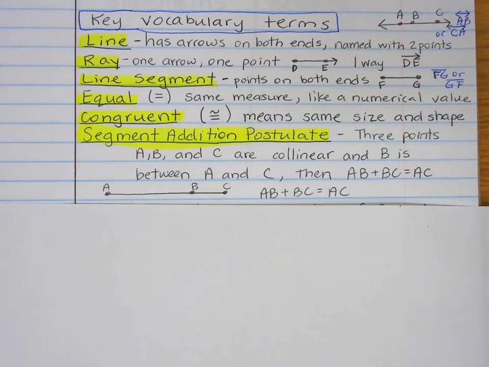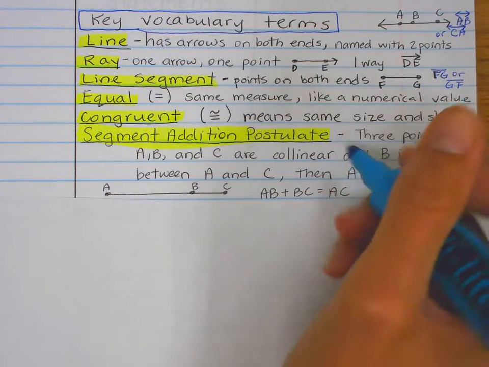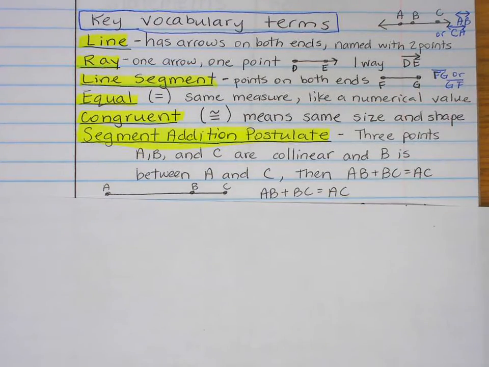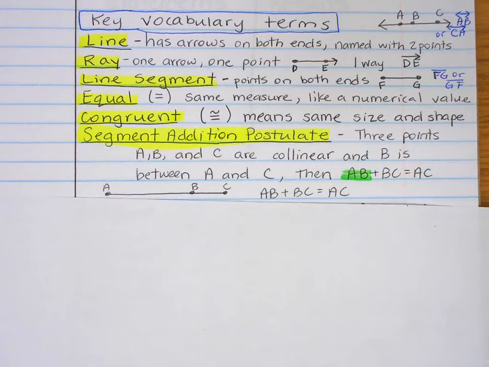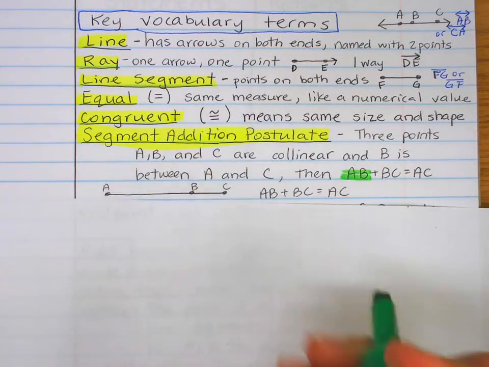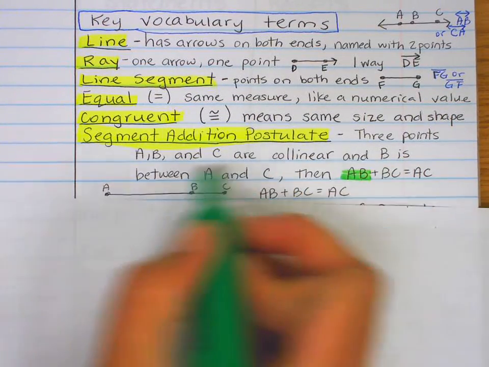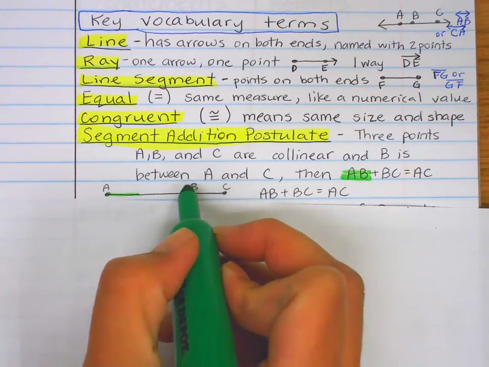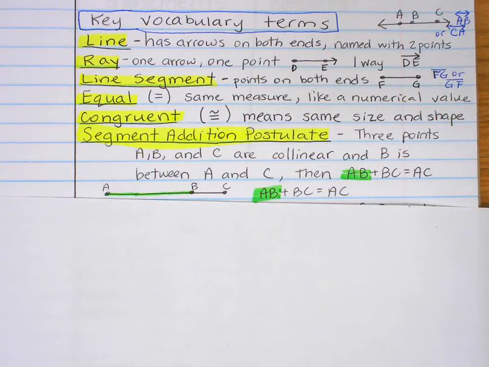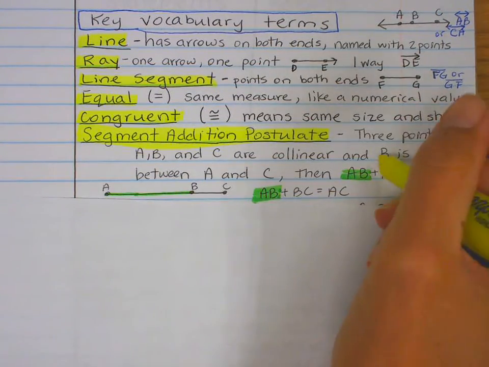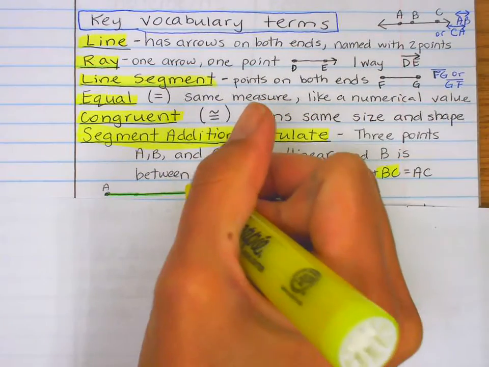I'm going to use a little highlighter to show that. Blue is probably kind of dark. Let me pick a different color, maybe green. Good. So AB is right here. And when you don't have the segment symbol on top, that's when we talk about measure. That's why I kept saying the measure of AB. Plus the measure of BC. BC is right there.